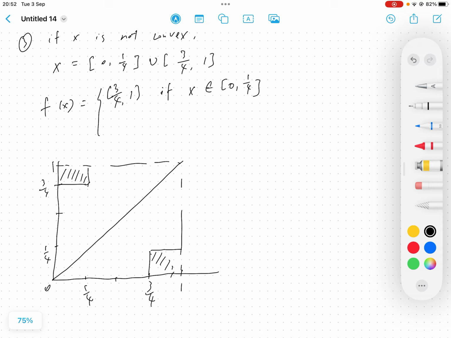Otherwise, if x is within 3/4 to 1, then fx is in 0 to 1/4.